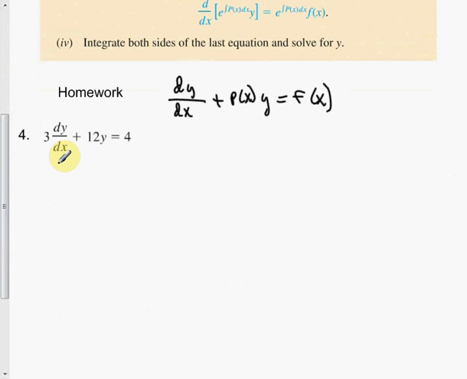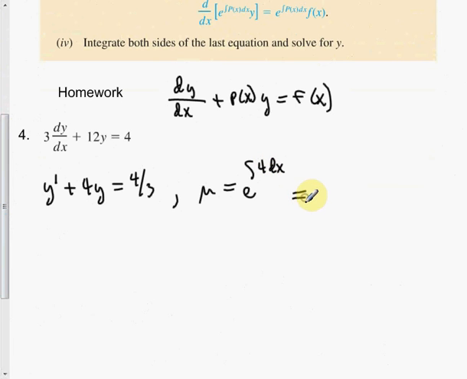And can I write just y prime instead of dy over dx? Is that okay? It just saves us time. So this is y prime plus 12 divided by 3, which is 4, times y is equal to 4/3. So according to our work that we just did, our mu is equal to e to the integral of p of x. P of x is just 4, times dx. When I integrate that, that's just e to the 4x. So that's my mu.